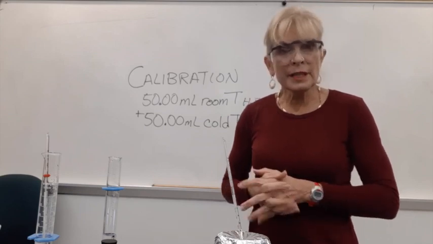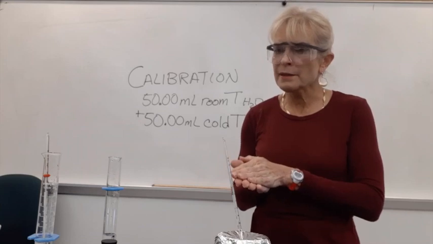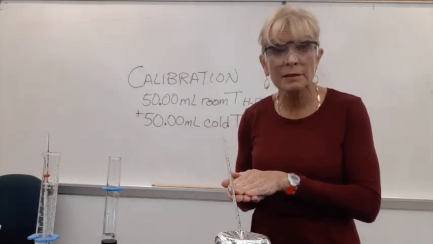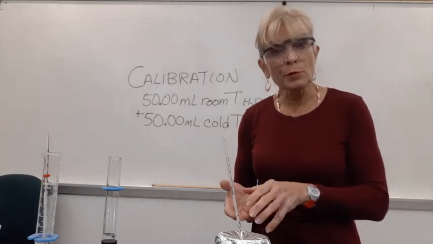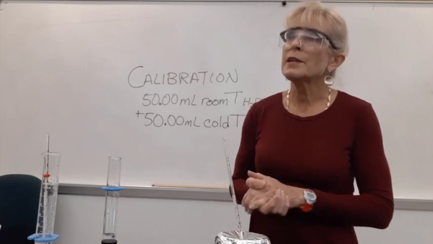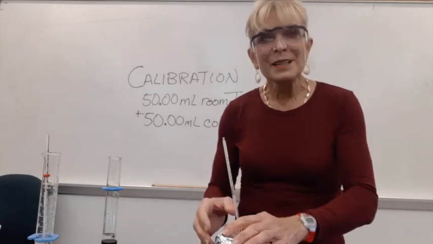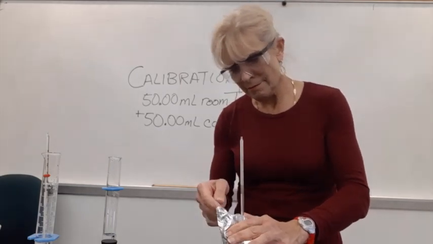And the interesting thing is, they will not, as they mix, come to the temperature that's exactly in the middle, because the calorimeter will absorb some heat. Actually, I should say the calorimeter will provide some heat.